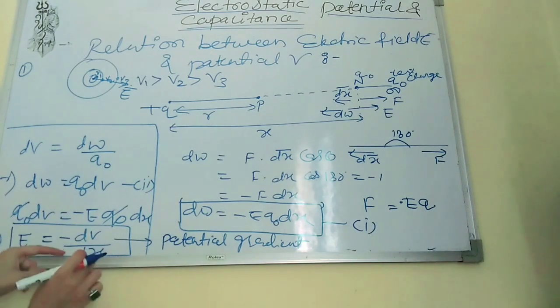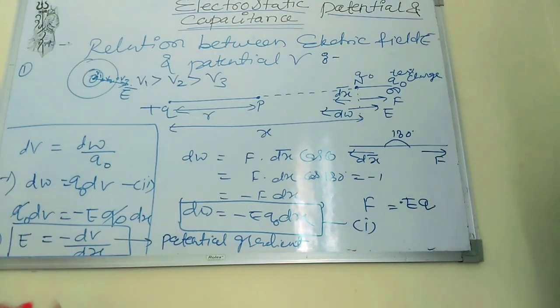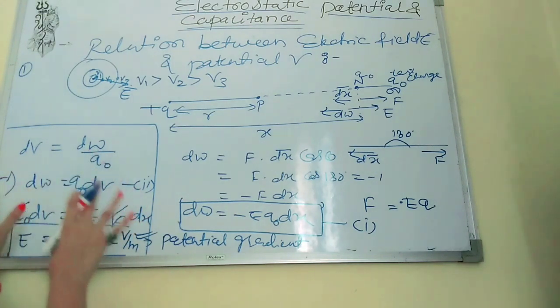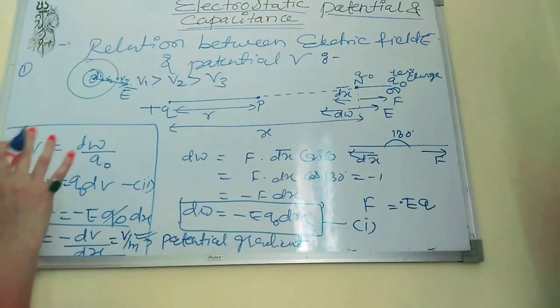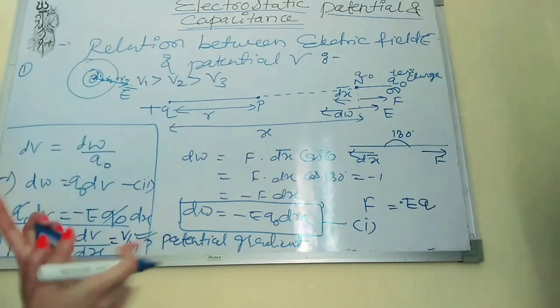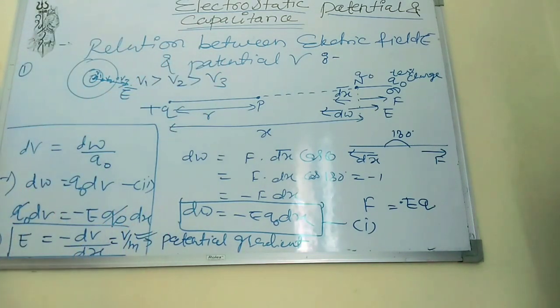For dV we know the unit is volt, and dx is meter. So for electric field we can write the unit volt per meter. This is also right. So these are the 3 points showing the characteristics of the relation between electric field and potential.